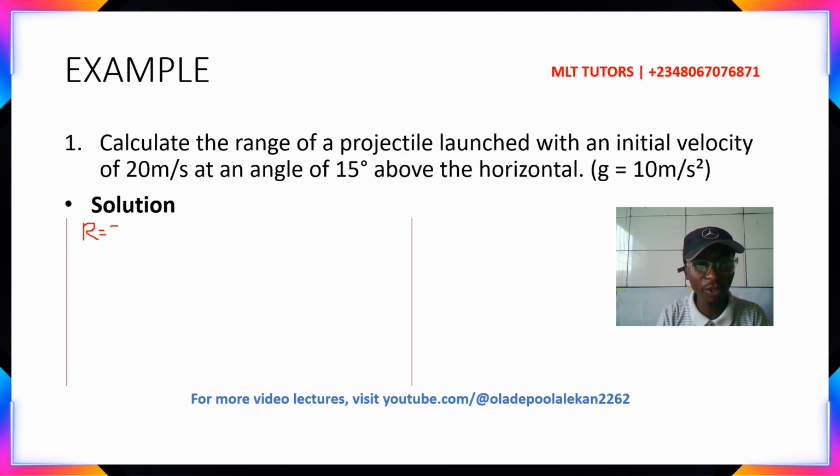Then what other information do we have in the question? We have the initial speed of throw, u, which is equal to 20 meters per second. Also, we have the angle of inclination, theta, which is equal to 15 degrees.